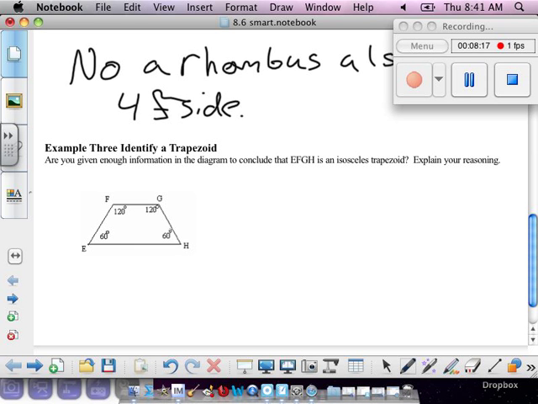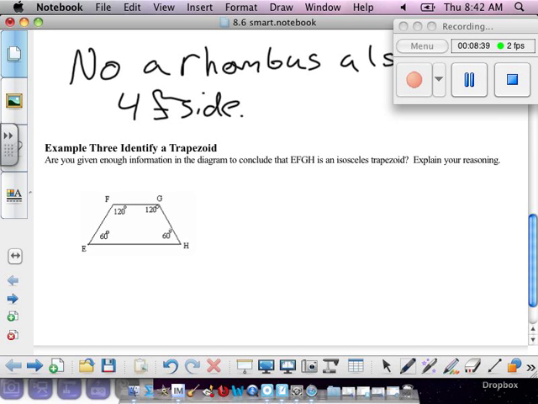We don't know that. All right. Let's see, what else do we got about them? What else do we have about trapezoids that we could use? The legs are congruent will prove it's an isosceles trapezoid, yes, and we don't have that.